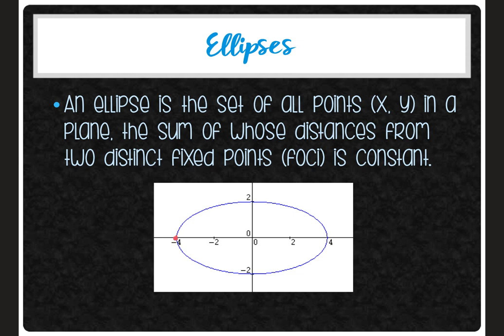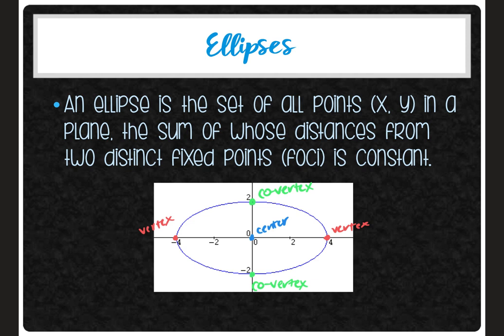The endpoints of the longer axis, which we'll learn in a second or review, called the major axis, would be your vertices. The endpoints of the shorter axis, called the minor axis, are called co-vertices. There are two of each. The center is at the middle, so instead of a vertex, it's a center.